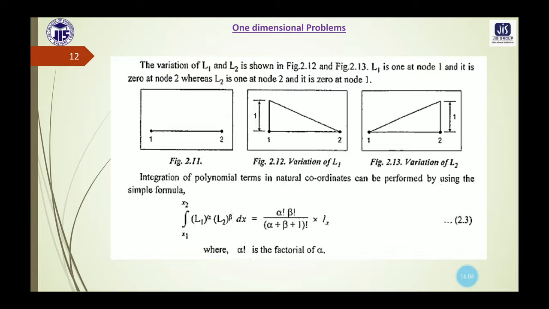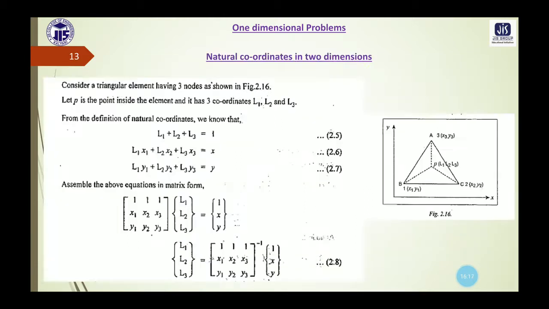So this formula in case of this natural coordinate system we need to remember. Now this formula we have seen while discussing the natural coordinates in case of one dimension.